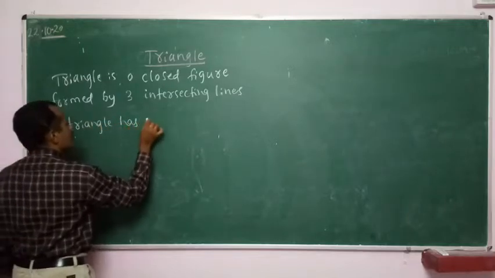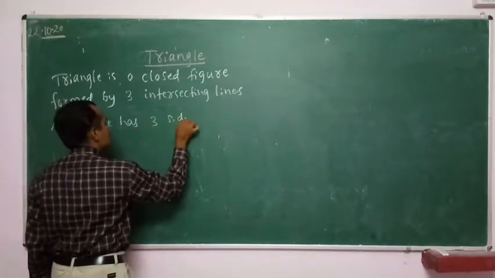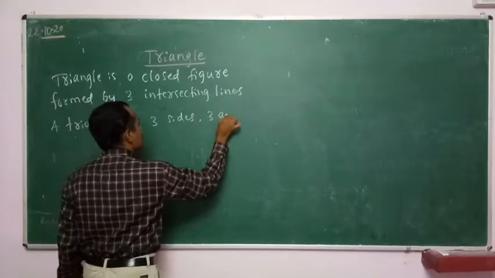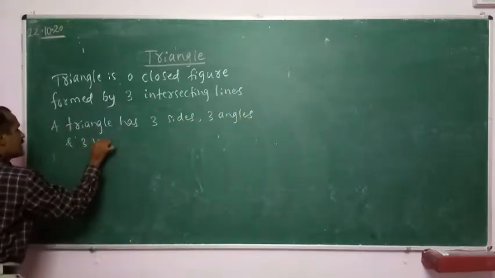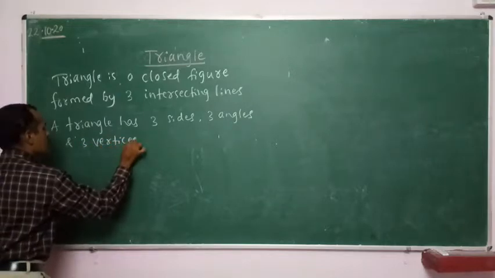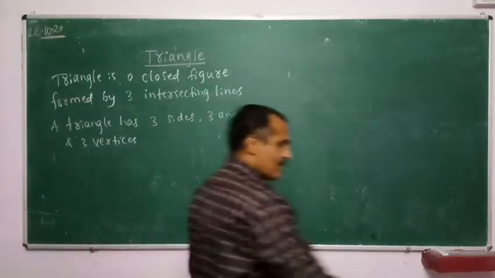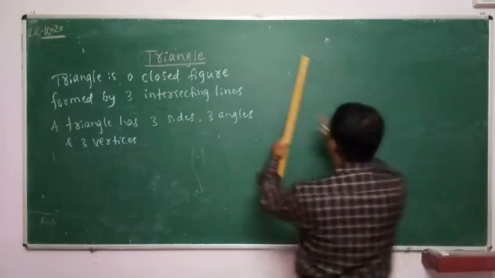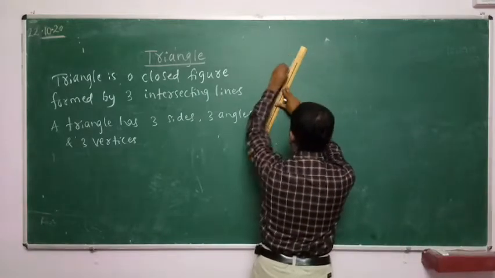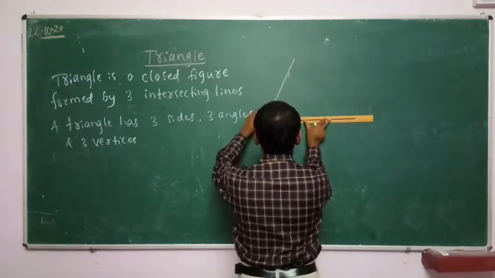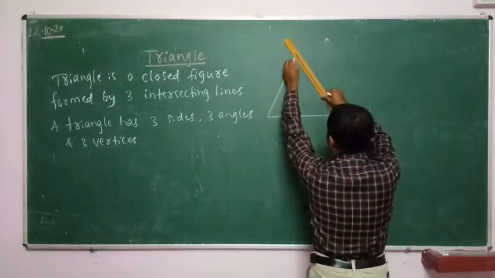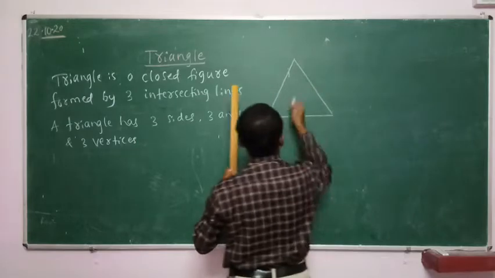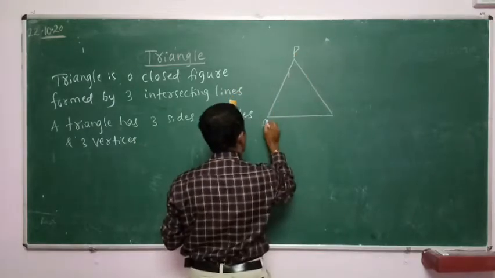A triangle has three sides, three angles, and three vertices. We can draw a triangle like this. We can call it triangle PQR.